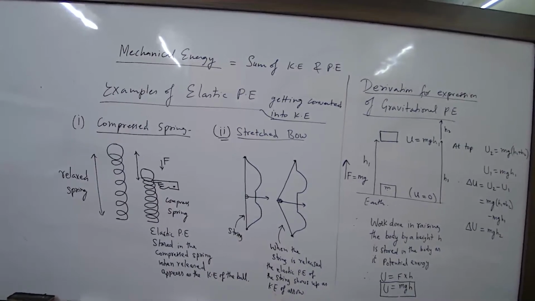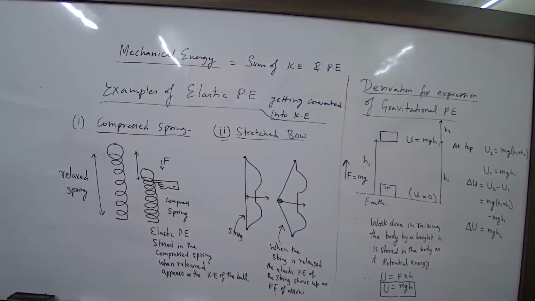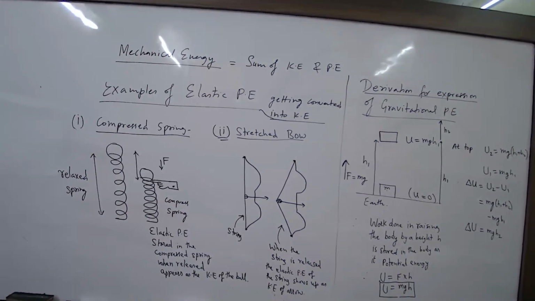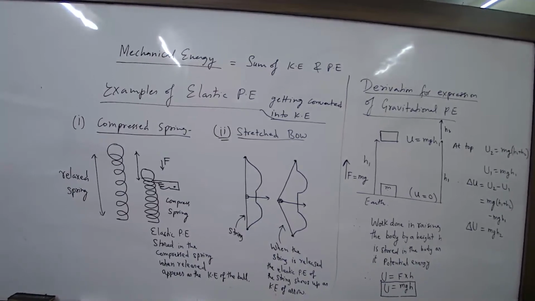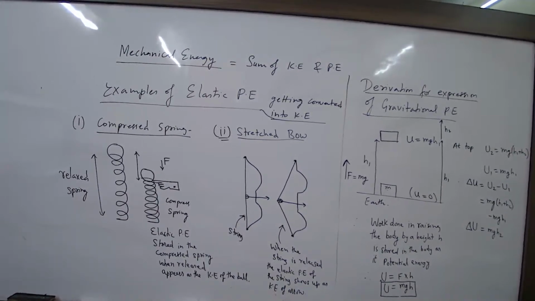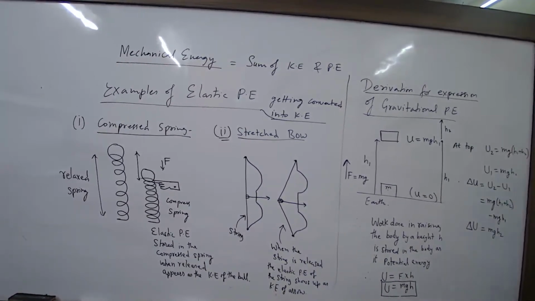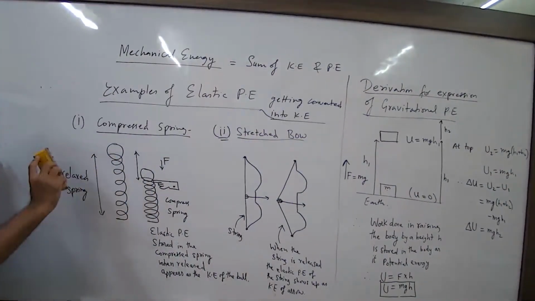In the derivation for the expression of potential energy, we have used the fact that work and energy are similar. Whatever work is done appears as the potential energy. The same concept we use for deriving the expression for kinetic energy. Can I erase this now?